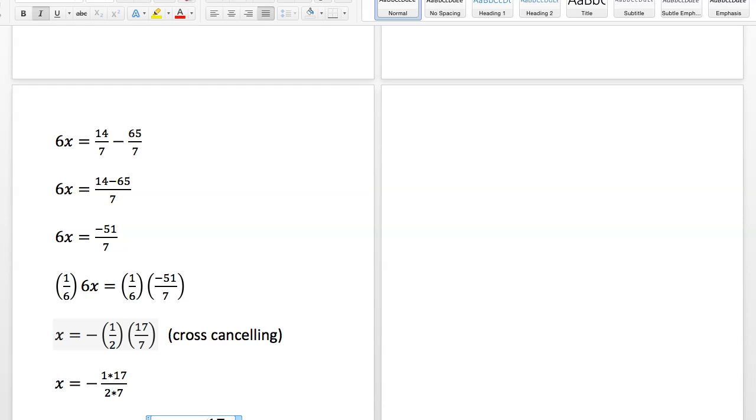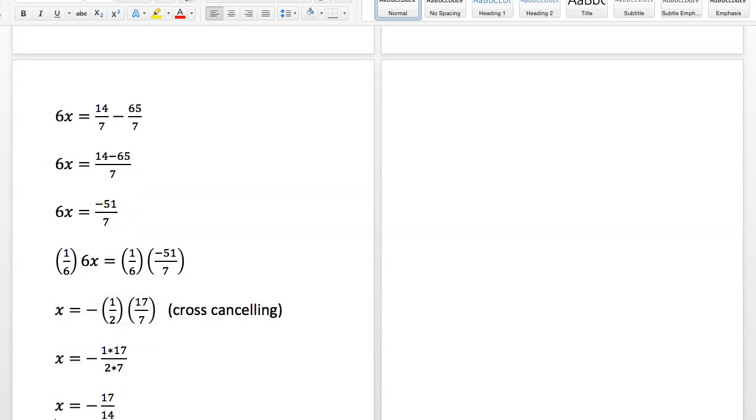We got our negative taken care of. 2 times 7 is 14. So I got neg 17 over 14, and that doesn't reduce, and I didn't expect it to, because I did my cross-canceling, I did my homework, and I saved myself the trouble. So neg 17 over 14 is reduced, and it should be valid. So that's the good news.